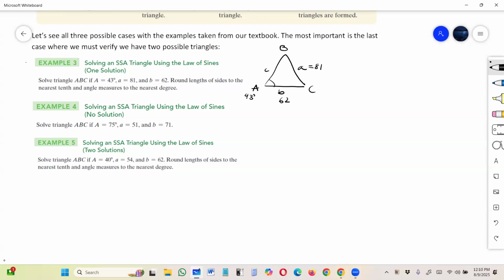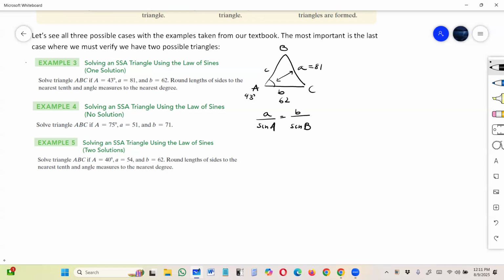And through the law of sines, I only have one full ratio, which is this. So I have to use A over sine A, and notice that I don't have anything about C, so I have to use B over sine B. All right.